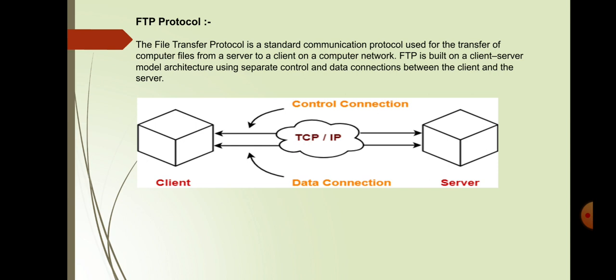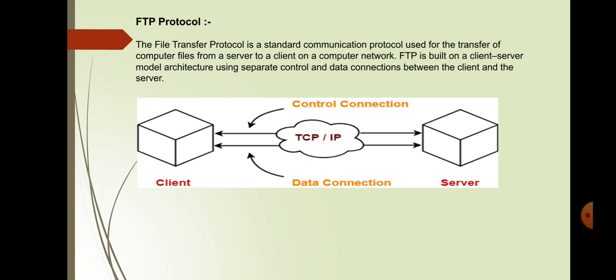Dear student, TCP and IP we discussed in the first chapter, the role of TCP and IP. TCP is responsible for transmitting data in the form of packets. IP decides the correct destination. If you want to share any file using the FTP protocol, it uses the TCP/IP protocol to upload as well as download a file from one computer to another.